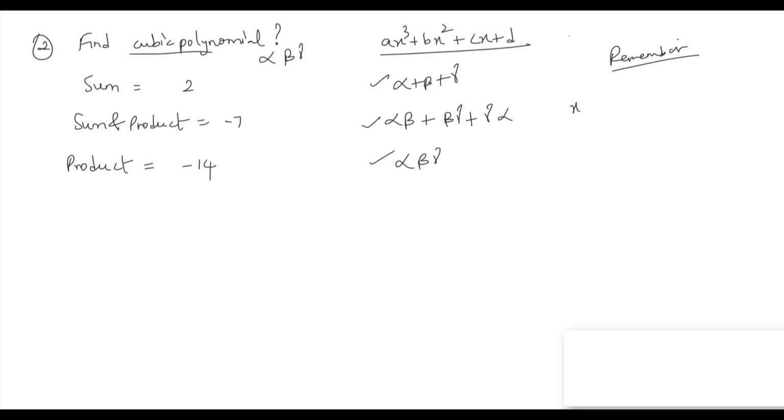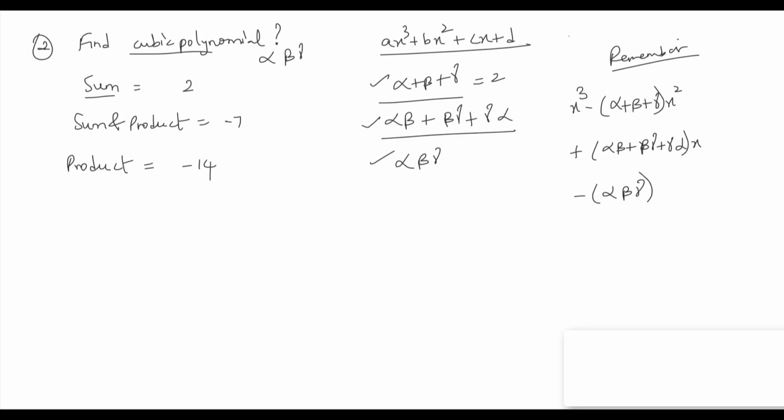The formula says x cube minus (alpha plus beta plus gamma) x square plus (alpha beta plus beta gamma plus gamma alpha) into x minus alpha beta gamma. So this formula is what you have to remember, and just substituting the given values, that is alpha plus beta plus gamma equals 2, alpha beta plus beta gamma plus gamma alpha equals -7, and alpha beta gamma equals -14, you will get your required answer.